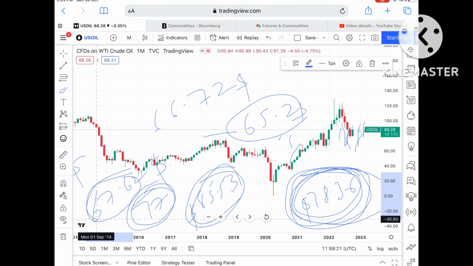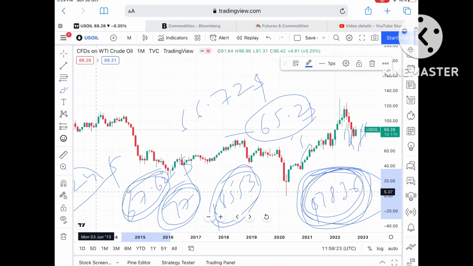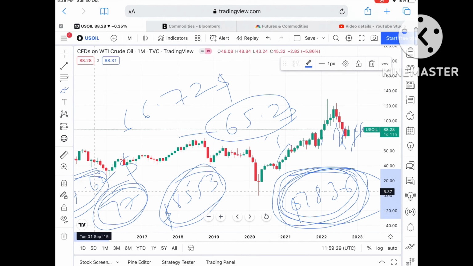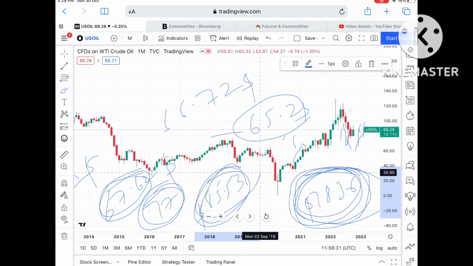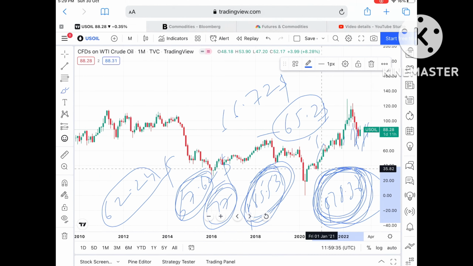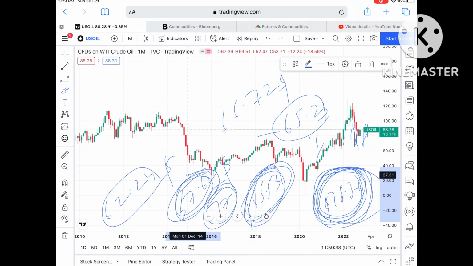After 65.23, the next support is coming at around $63.23, and from there it can move further low, because there is a high chance that once the price falls below the level of 66.72, which is a strong support, it can fall further down towards a level of 62 also. Okay, 62.24, and from there it can fall further.